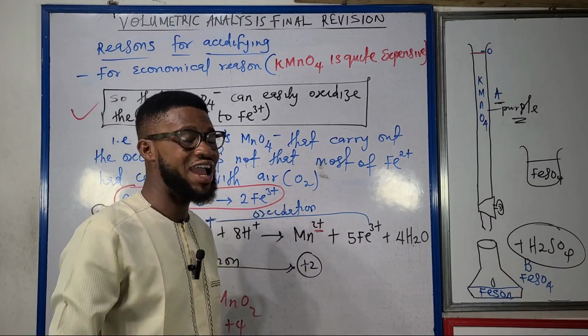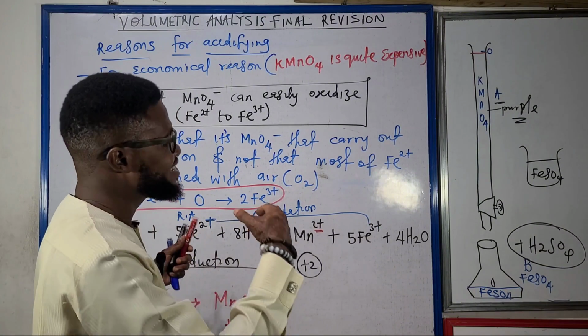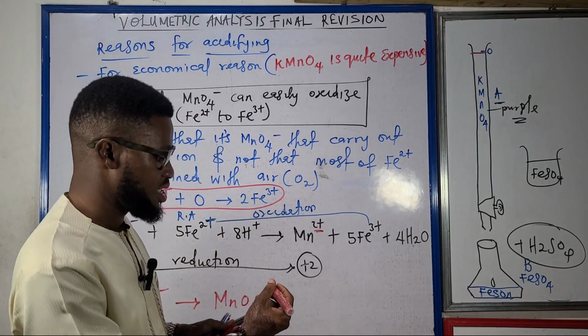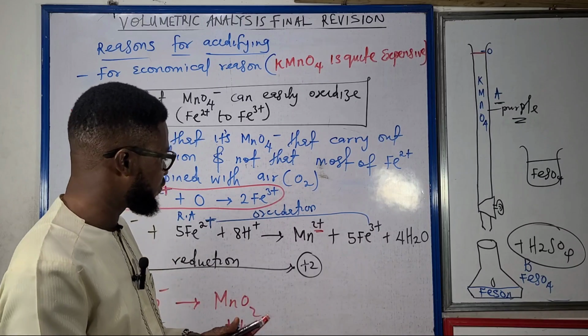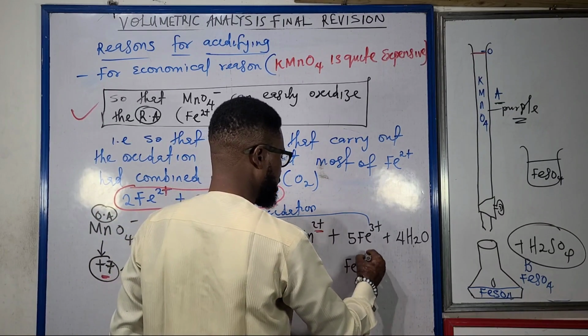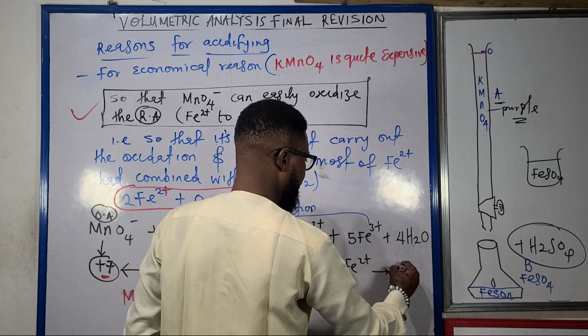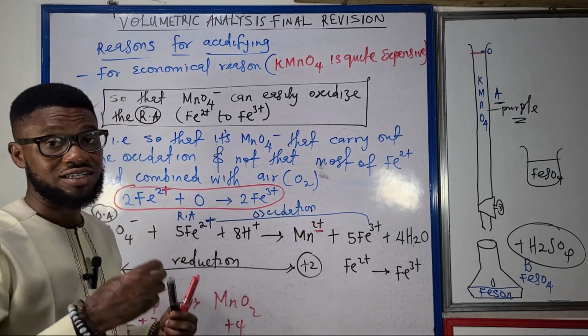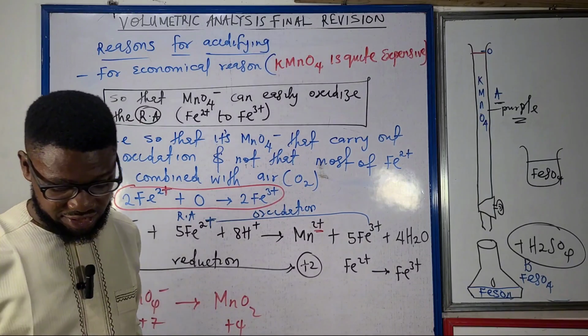So simply, why are we acidifying? It is to prevent iron 2 ion from becoming iron 3 ion before the actual titration starts.